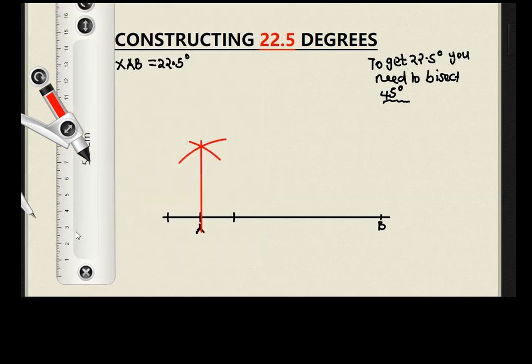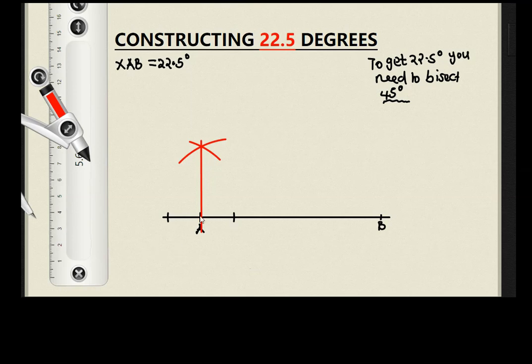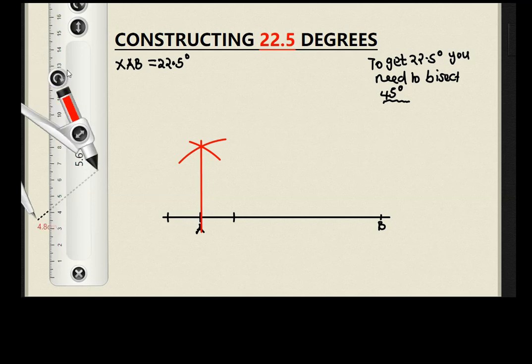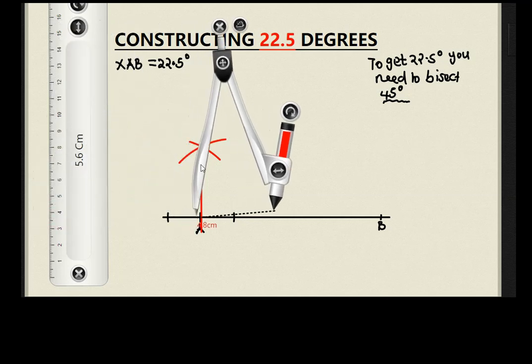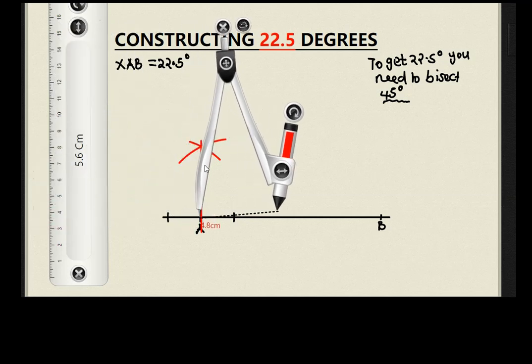So meaning at this point now we have our 90 degrees. The next step, we said we need to bisect 90 to get 45. Again, I'll place my point at that point.